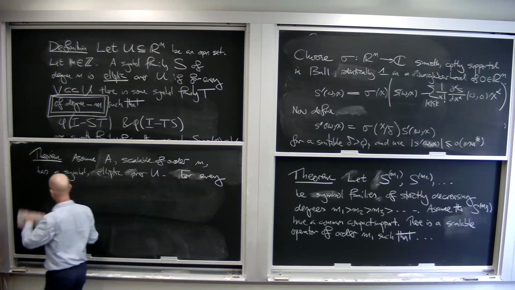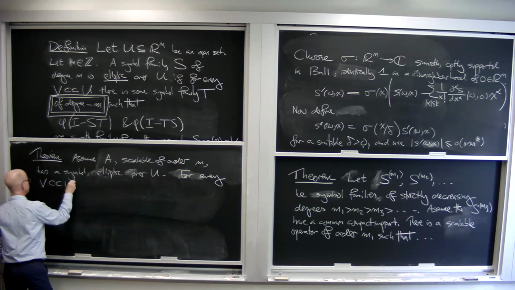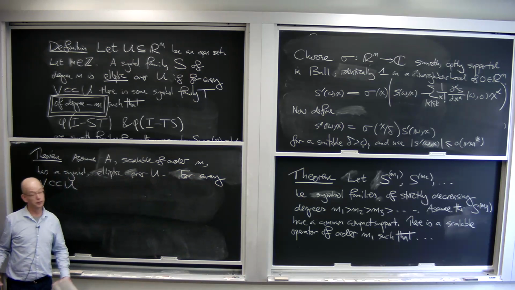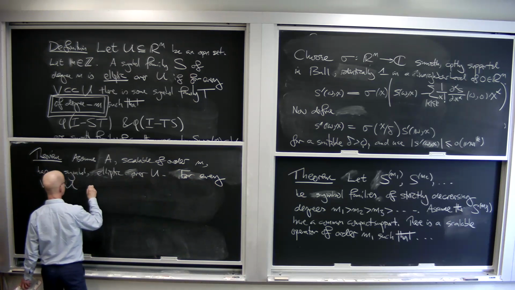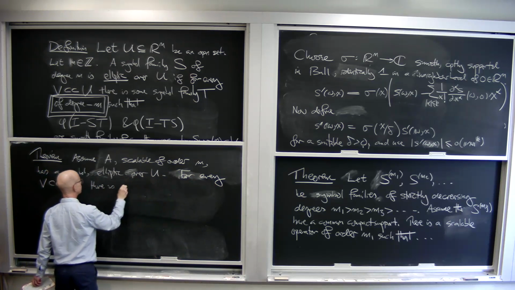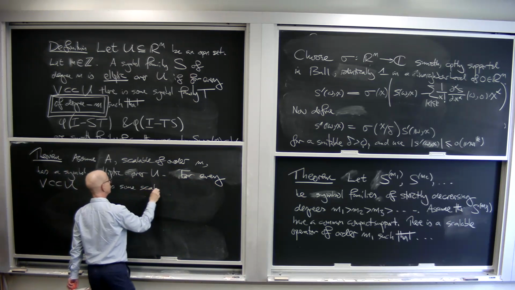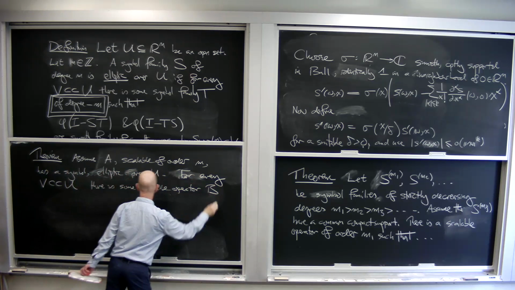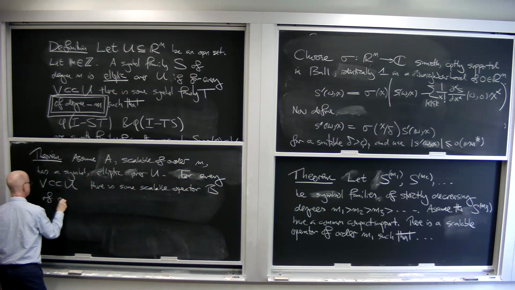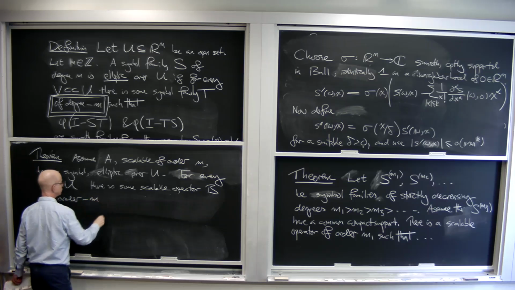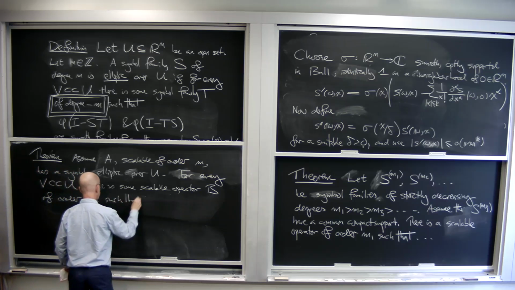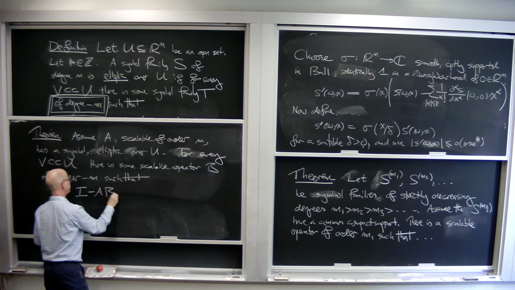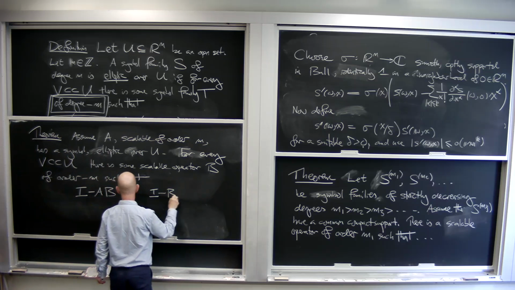And so let me continue with this funny business. Each time you have an open subset V whose closure is a compact subset of U, just to make my life simple, you can find a scalable operator B, I guess, of order minus m, such that it inverts A on either side.